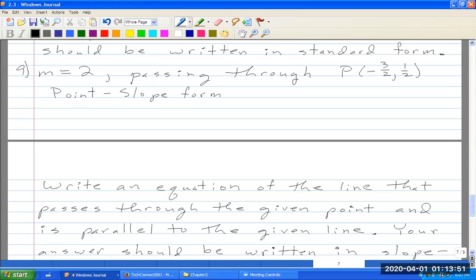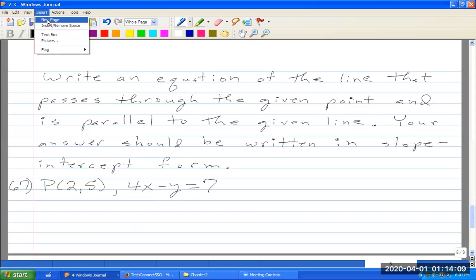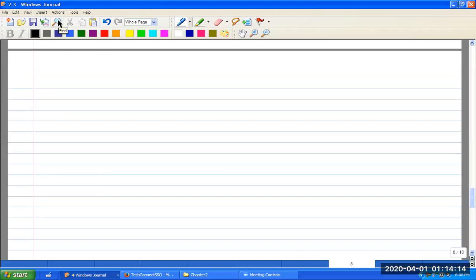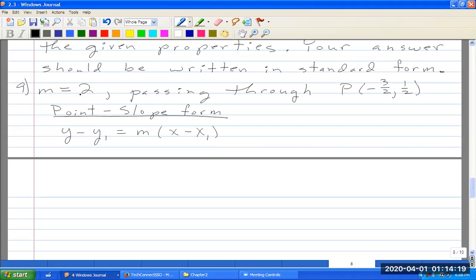The point-slope form for the equation of a line is y minus y1 equals m times (x minus x1). Here, the slope is given, and the point is also given. This is (x1, y1).